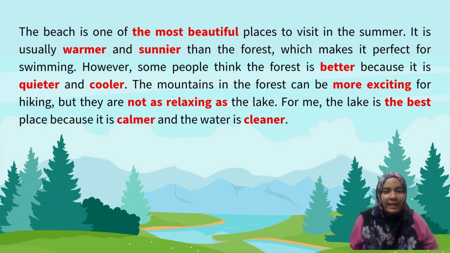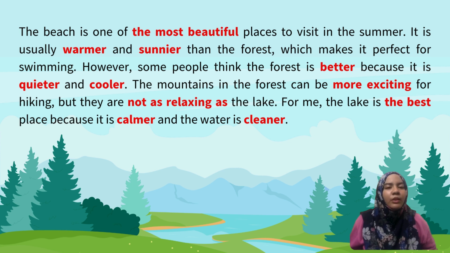So let's see how we can use comparative and superlative in a paragraph. The beach is one of the most beautiful places to visit in the summer. Here we use the superlative for beautiful, the most beautiful.